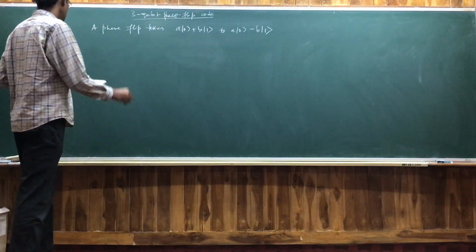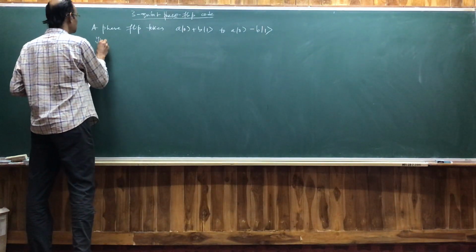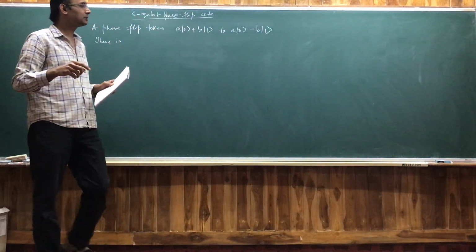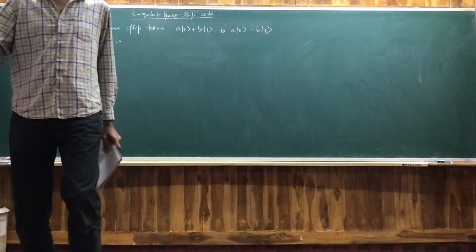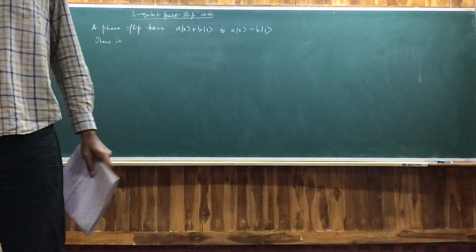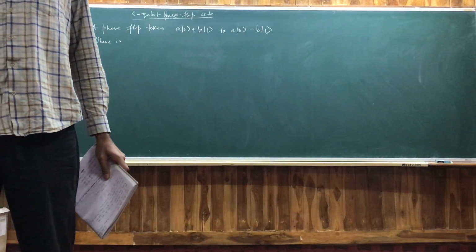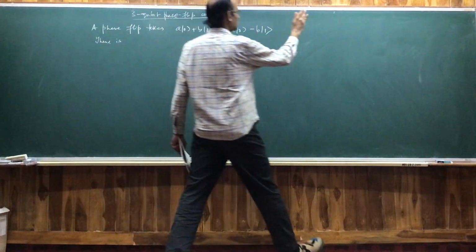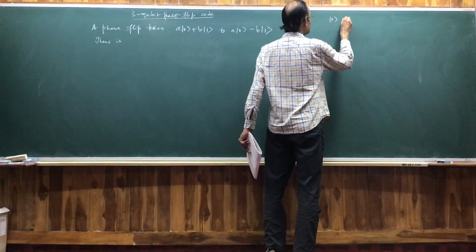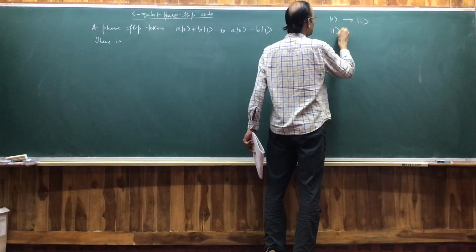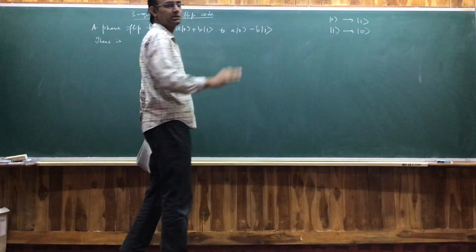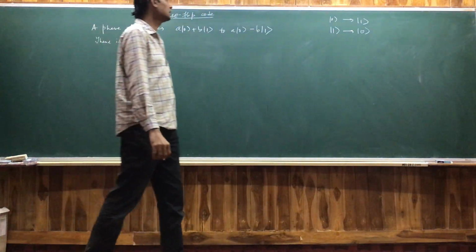So first of all, the previous one, the bit flip error, did have a classical equivalent. This 0 going to 1 and 1 going to 0 has a classical equivalent, in the sense that this is essentially the only thing that can happen in a classical case.